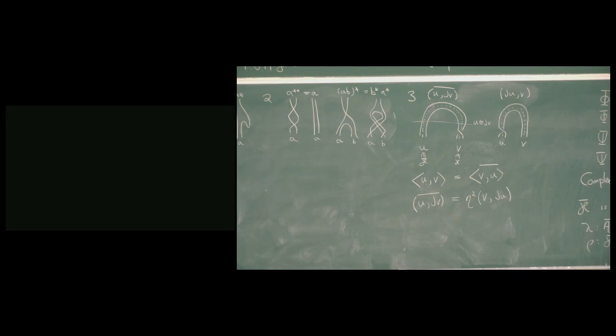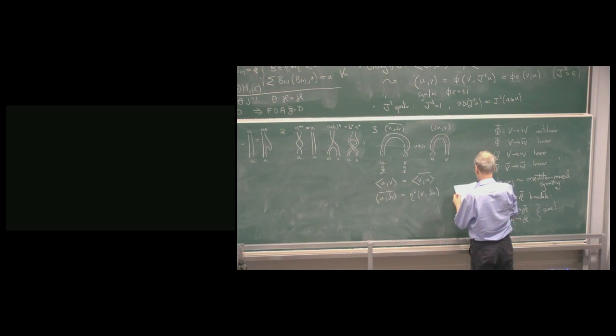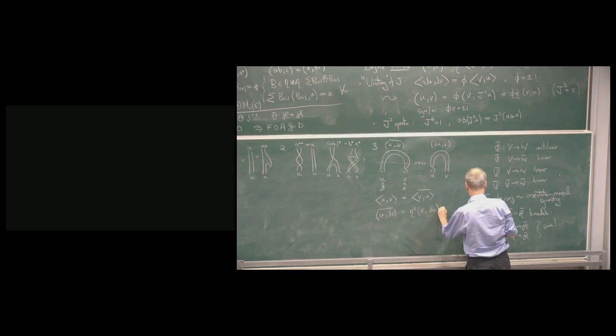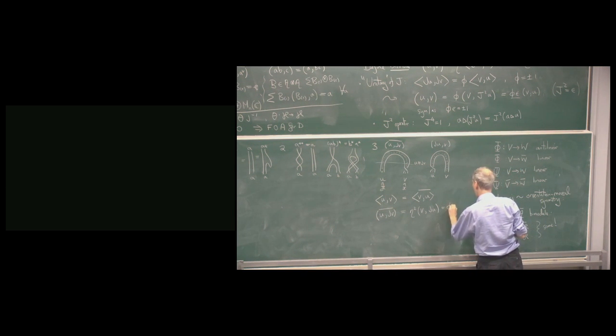And then you can use this relation here to flip that around and get phi epsilon JU V times eta squared. Whoops.